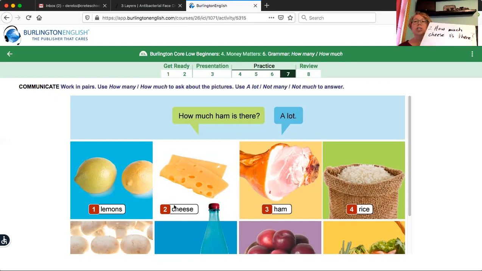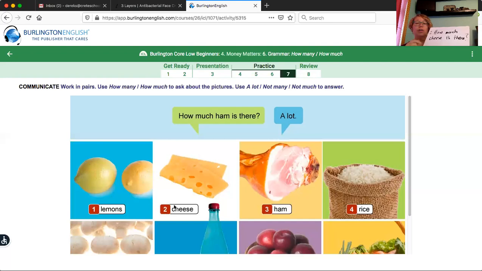How much cheese is there? Okay, so notice I'm using how much because it is non-counting. And when I use how much, notice my verb is changing to is. Okay, so verbo is diferente por pregunta how much. Verbo is, no are. So lemons counting, the verb is are. No counting, our verb is.